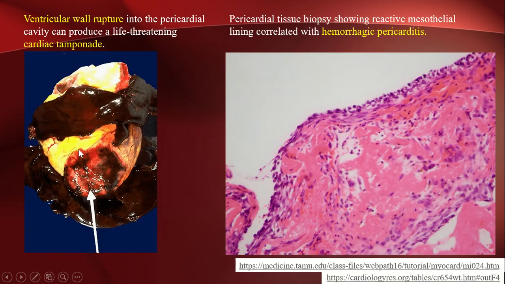Then ventricular wall rupture into the pericardial cavity can produce life-threatening cardiac tamponade. And microscopically, we see the mesothelial epithelium that covers the pericardium and the hemorrhage beneath the mesothelium, which we call hemorrhagic pericarditis.